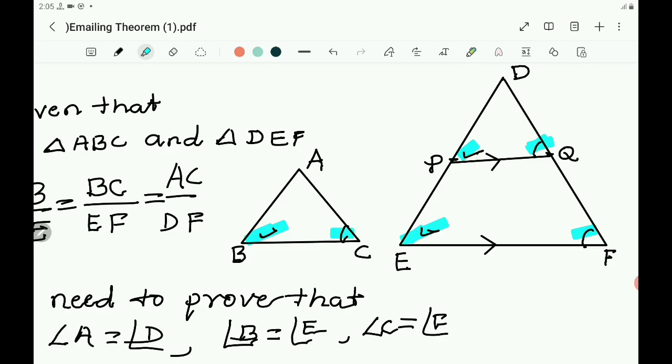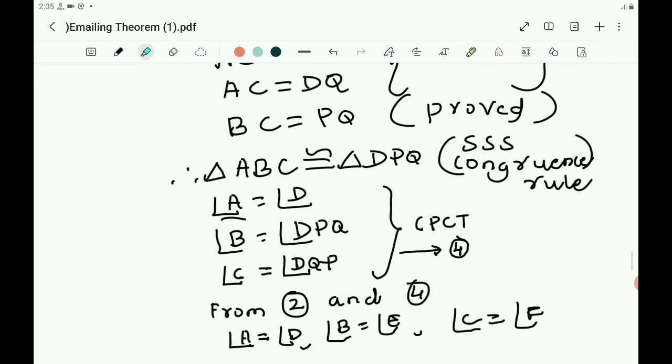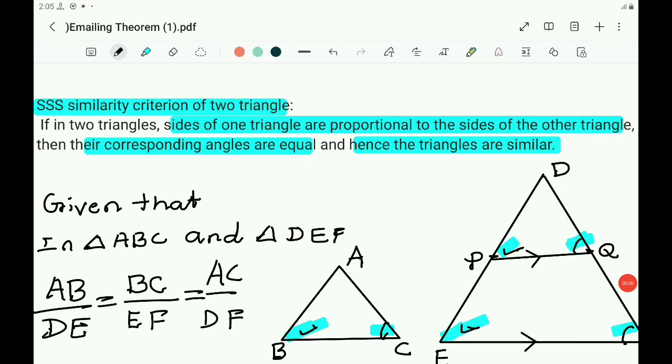So you can write angle C is equals to angle F. So you got angle A is equals to angle D, angle B is equals to angle E, angle C is equals to angle F.